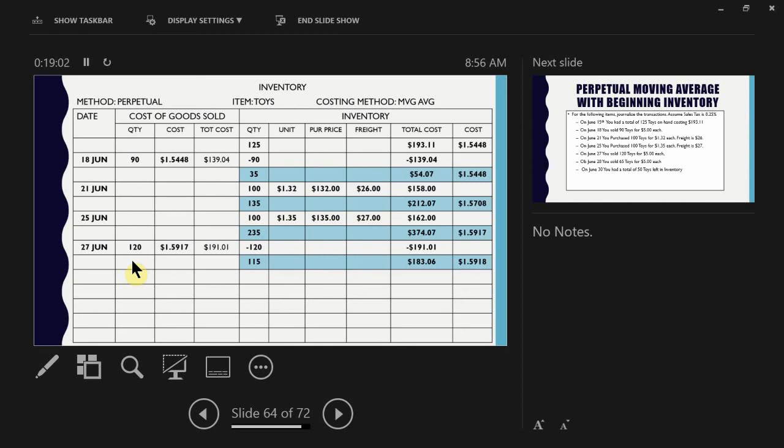See, now because of that 1 penny that we sold it for, it changed our average cost per item by 1/1000 of a penny.